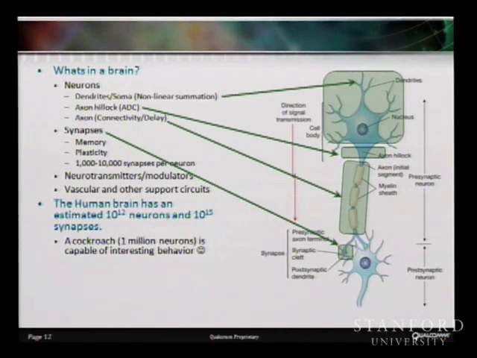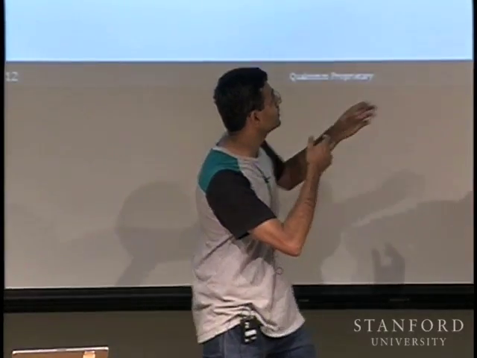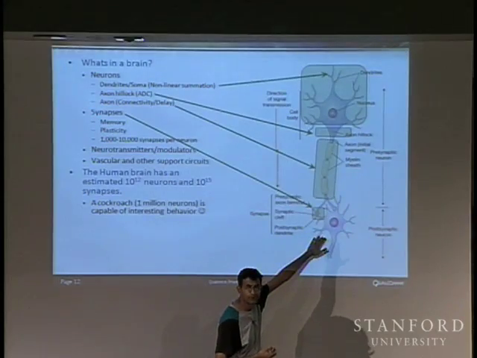So if the voltage of the membrane at the axon hillock exceeds a certain value, the neuron fires, and it sends a propagating action potential down the axon, and that is conveyed to the synapses. And at the synapse, a bunch of chemicals get released, and that propagates into the next neuron.